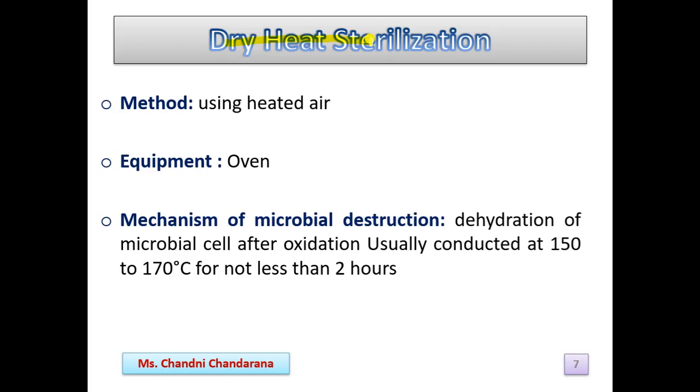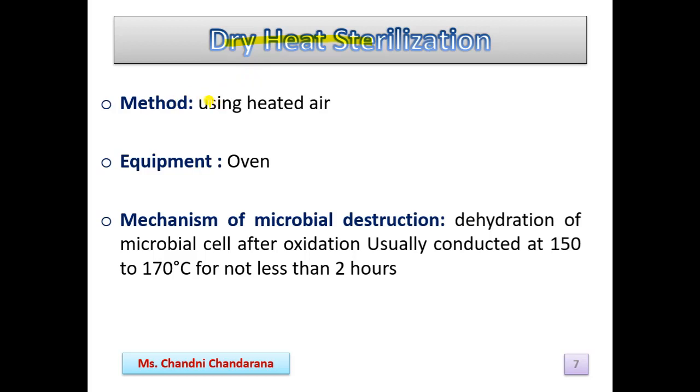Eventually the entire substance reaches the proper temperature needed to achieve sterilization. So this is generally dry heat sterilization. Here we are applying hot air. What is dry heat? We are applying hot air. There is no role of moisture here. That's why these two processes, moist heat and dry heat sterilization, are very different from each other.